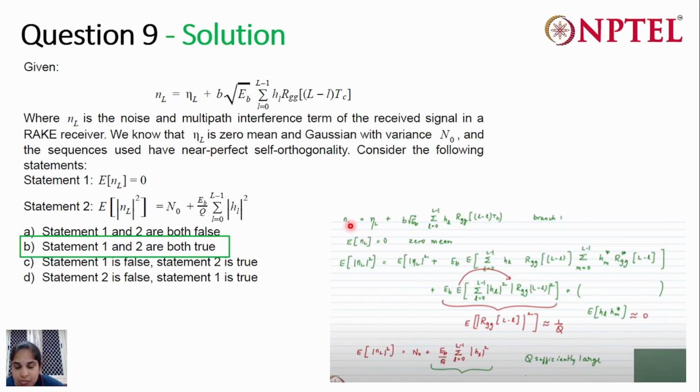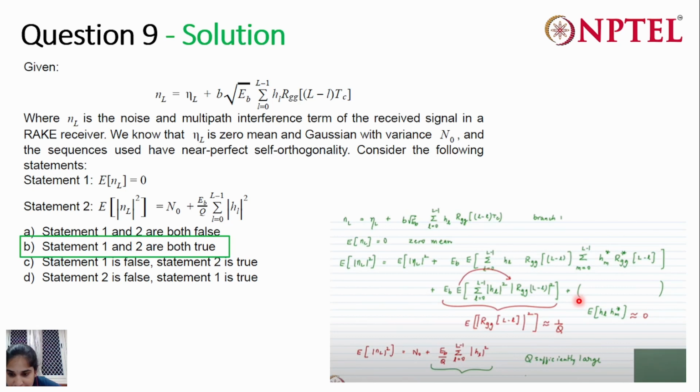All these cross terms will go to 0 because expectation of eta L is 0. If you consider this term, it can be written as the product of this term and its conjugate, and we have to apply the self orthogonality property.